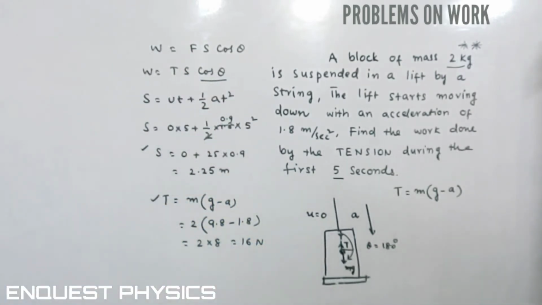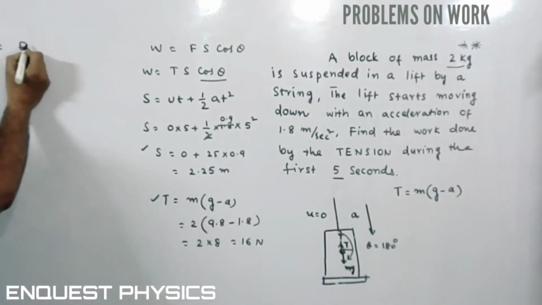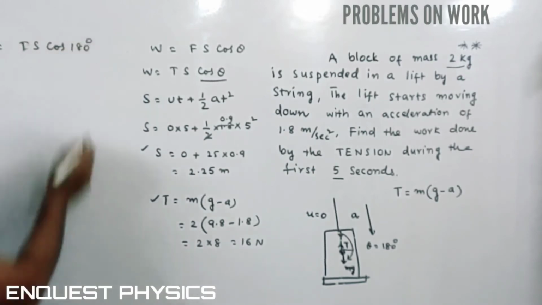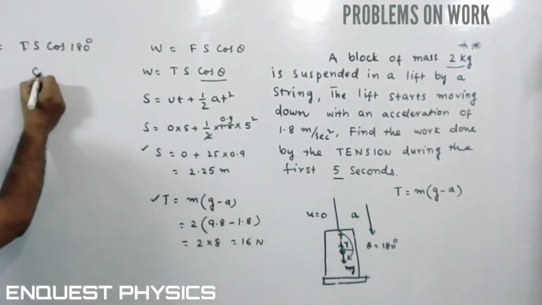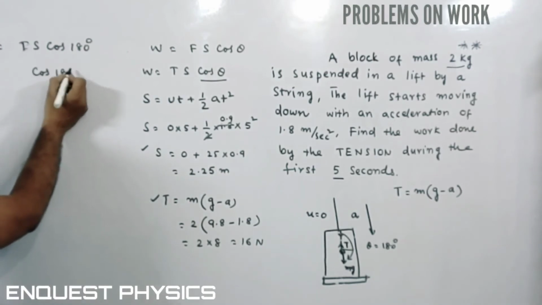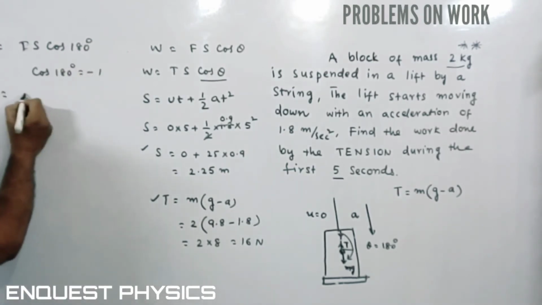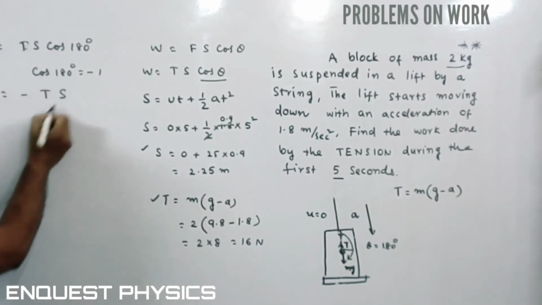Substituting the values, work done is equal to T s cos 180. Obviously, cos 180 is equal to minus 1. Then you can write W is equal to minus T s.